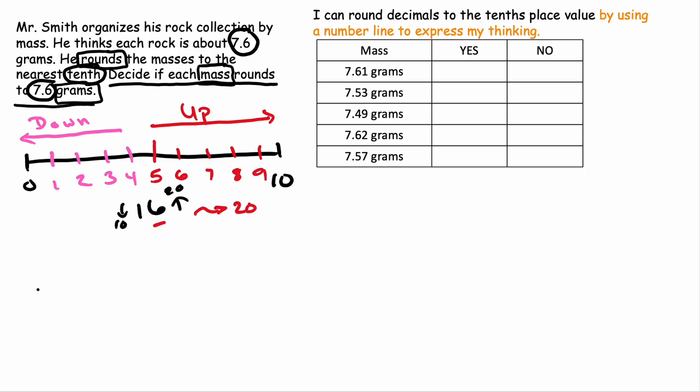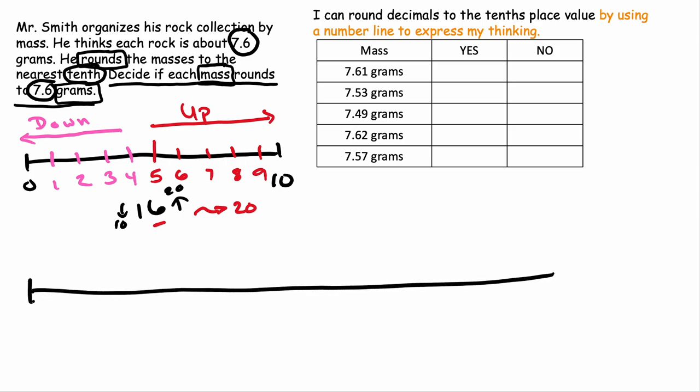All right, so let's go ahead and draw out our number line. I notice every ones value here is 7. My tenths values are 6/10, 5/10, 4/10, 6/10, and 5/10. So if I start at 7 4/10, I can make this about 7 5/10.